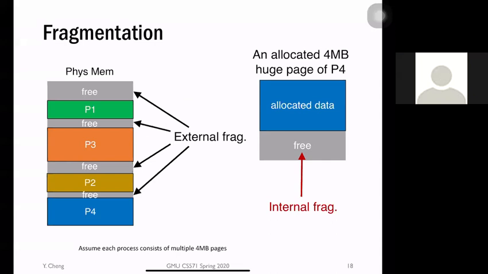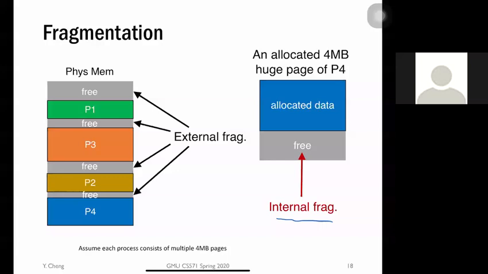If you take a look at the example on the right-hand side, we're looking at what is called internal fragmentation. Internal fragmentation happens within a single page, no matter whether the page is coarse-grained or fine-grained. But generally speaking, the trend is that the more coarse-grained the page, the more severe its internal fragmentation tends to be. This is an example of an allocated 4 MB huge page, let's say for process number 4.